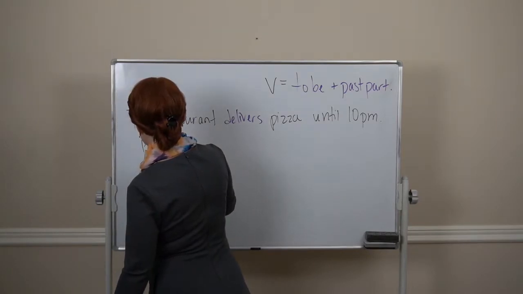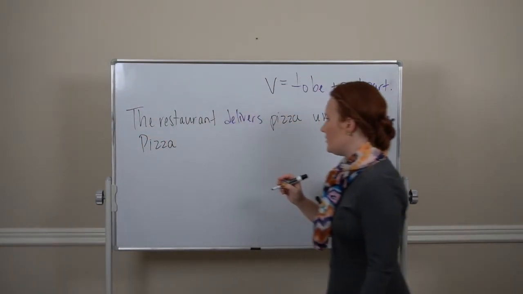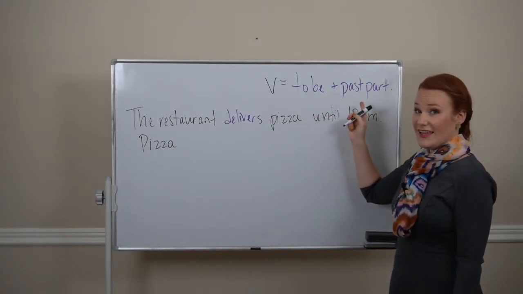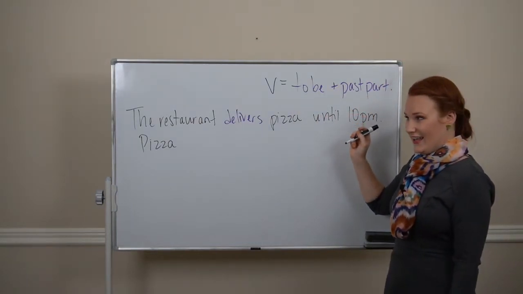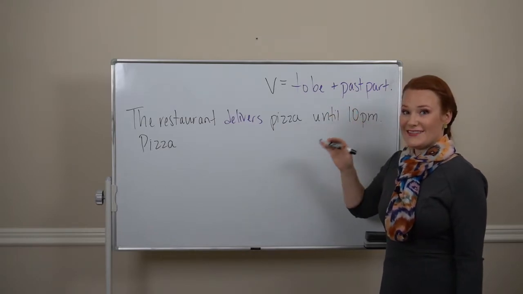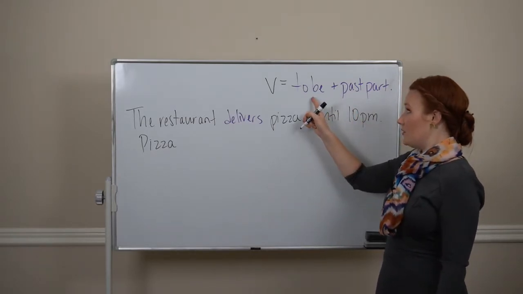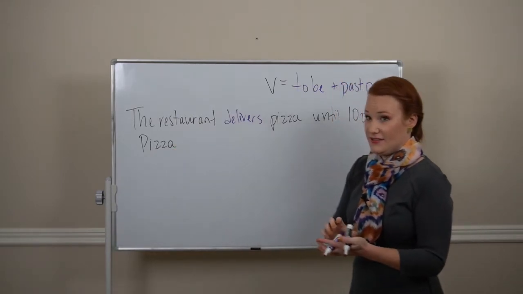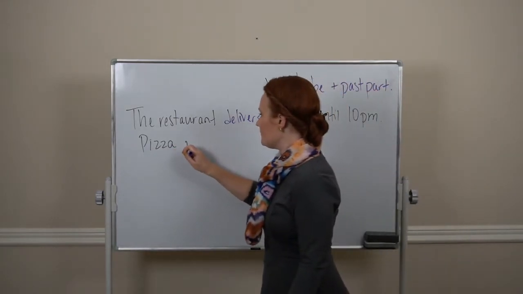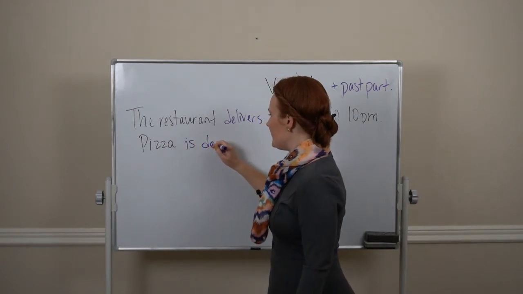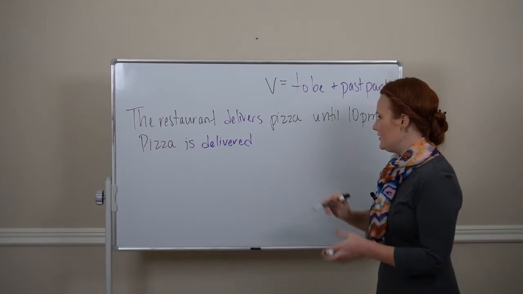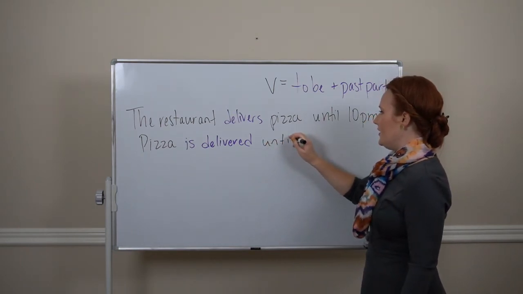Pizza. Then we're going to take our main verb, delivers. We need the past participle, that's delivered. And we're in present simple tense. So to be in present simple tense with an it is just is. Pizza is, then our past participle, delivered until 10 p.m.